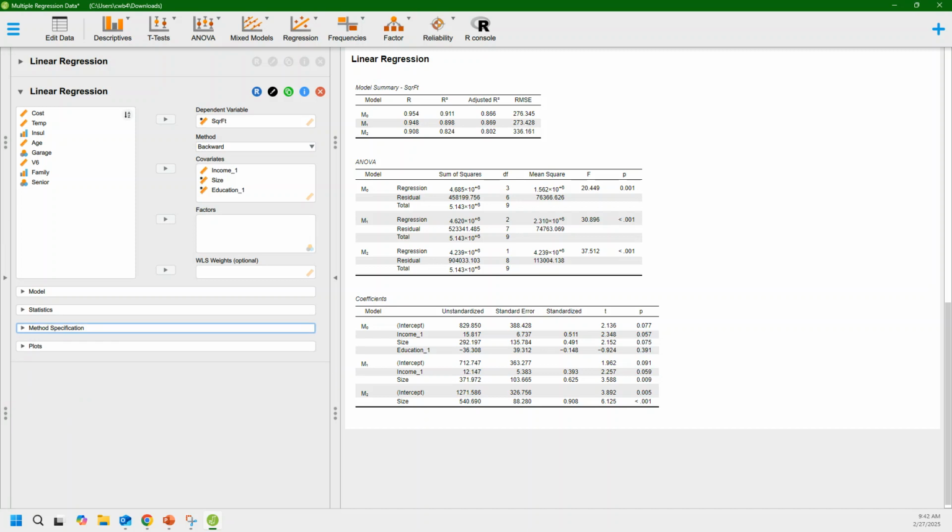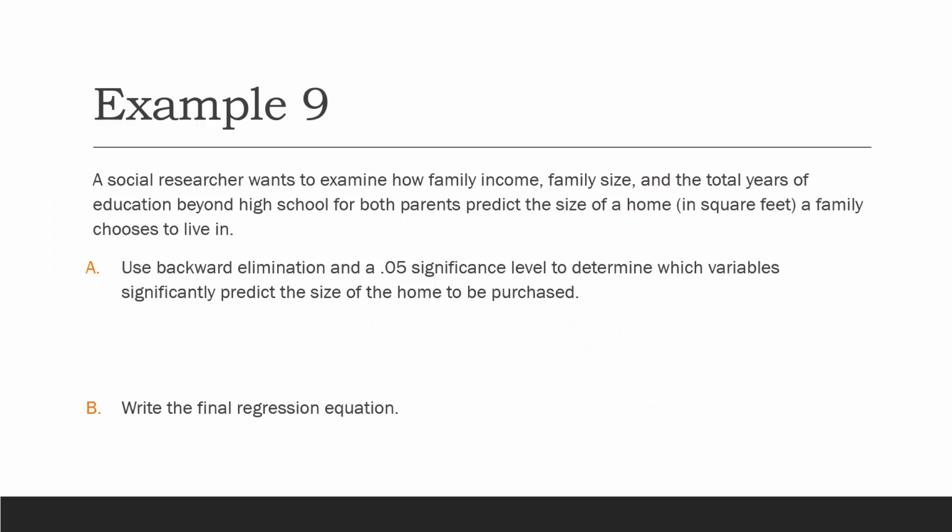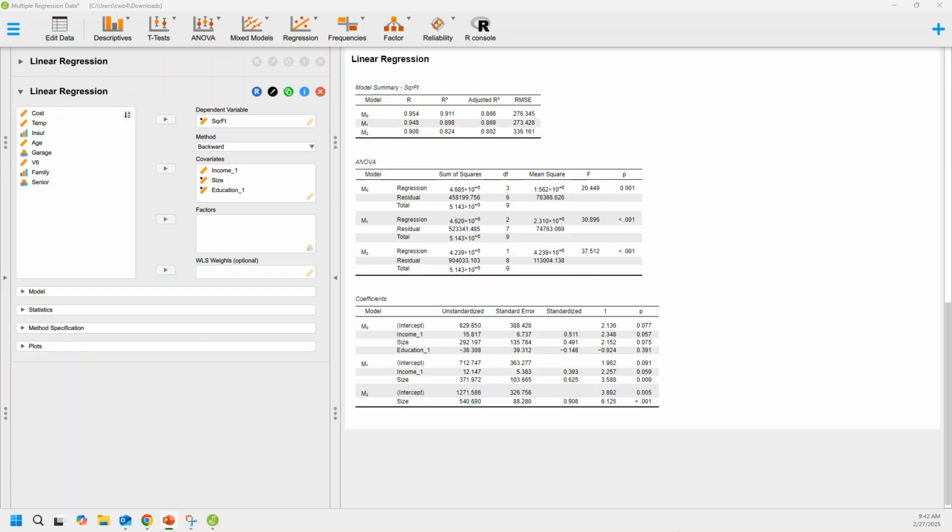And so it says to use backward elimination. Well, based off of that, I have family size as my only significant predictor. And I can write my final regression equation. My intercept is 1271.586. And my slope for my size variable is 540.690.